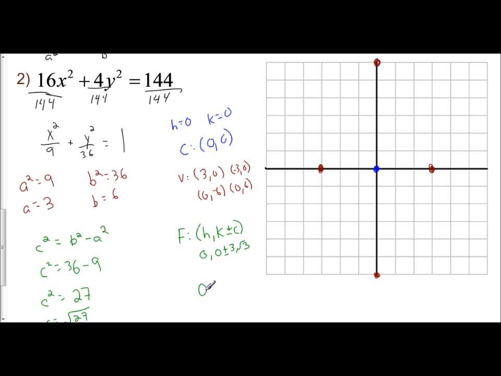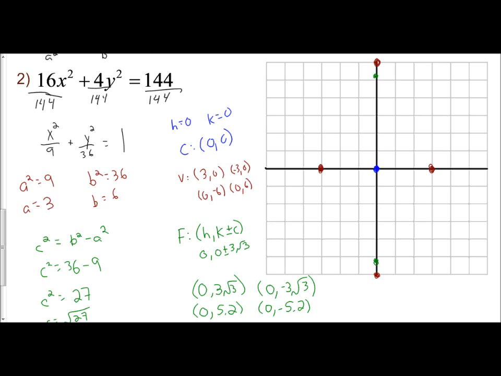So my foci are located at 0 comma 3 radical 3 and 0 comma negative 3 radical 3. I prefer the radicals, but if you want to use the decimals, then that'd be 0 comma 5.2 and 0 comma negative 5.2. And so I would plot those here and here.